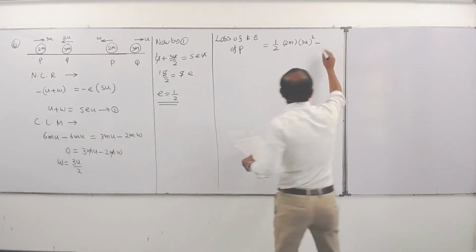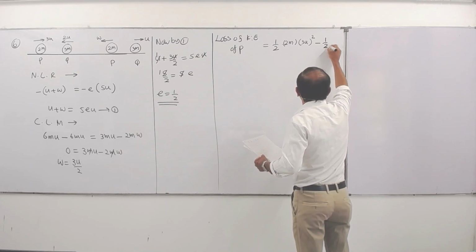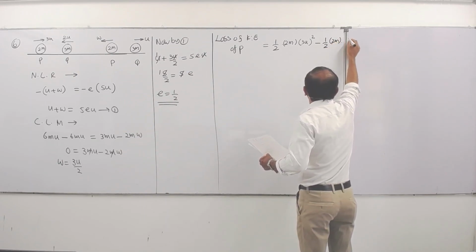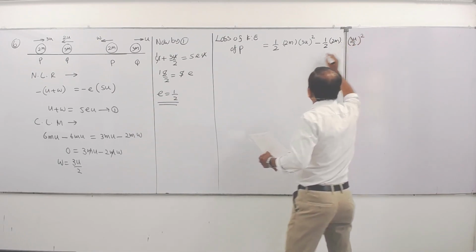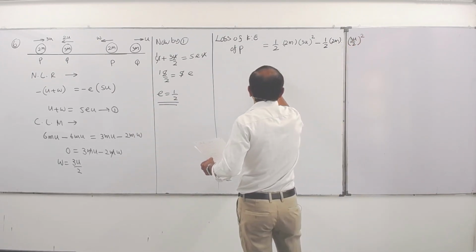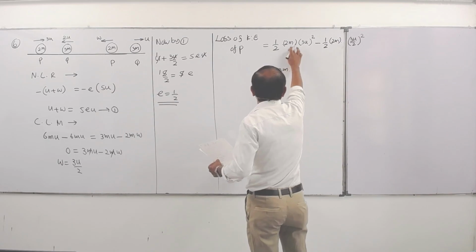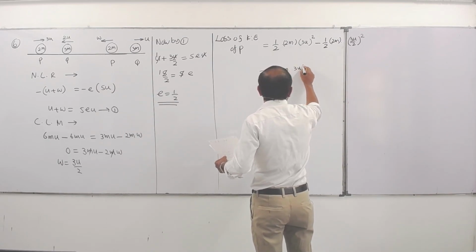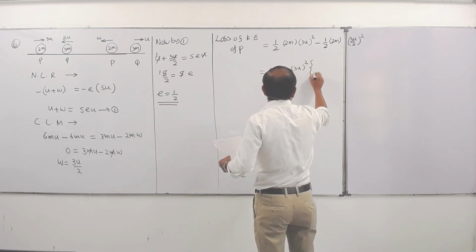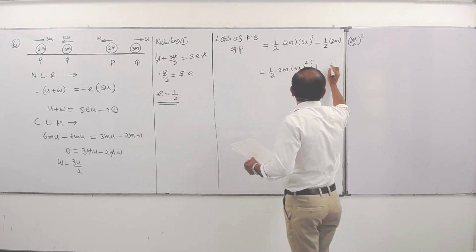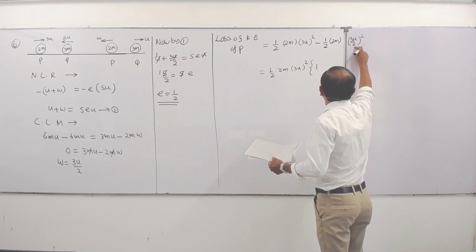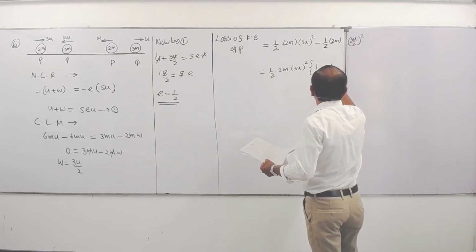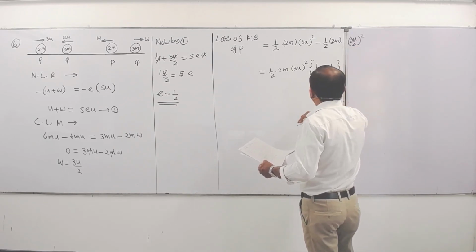Then there we get half 2m, 3u by 2 whole squared.